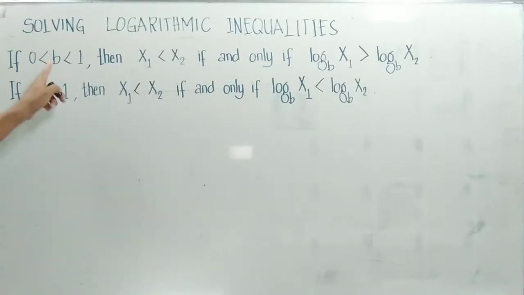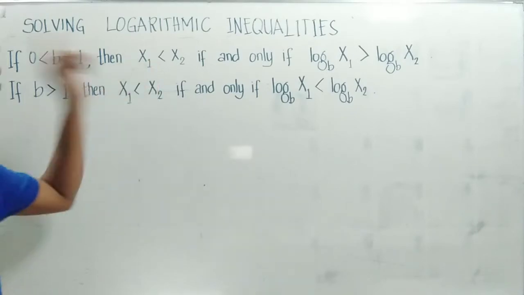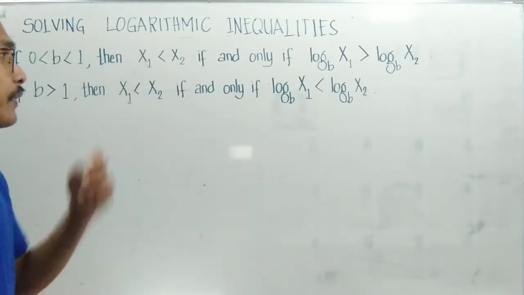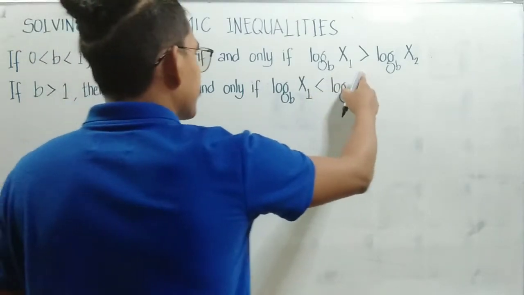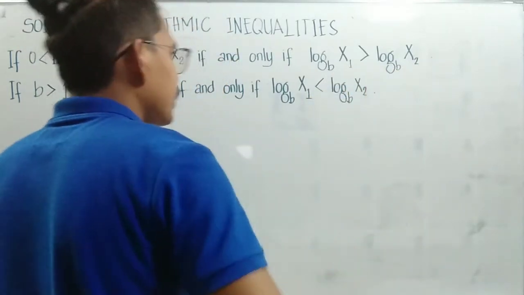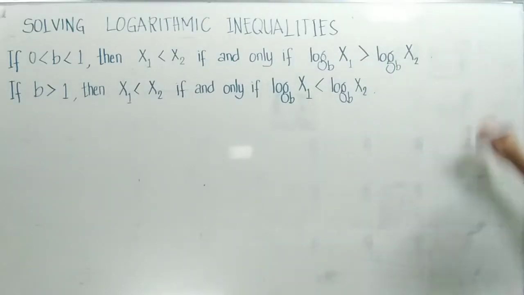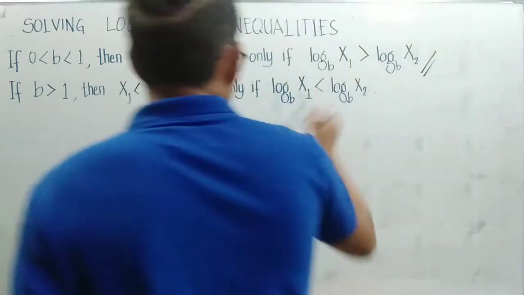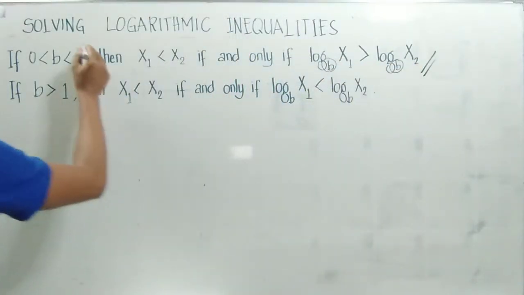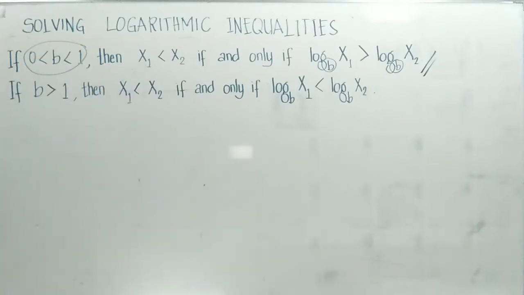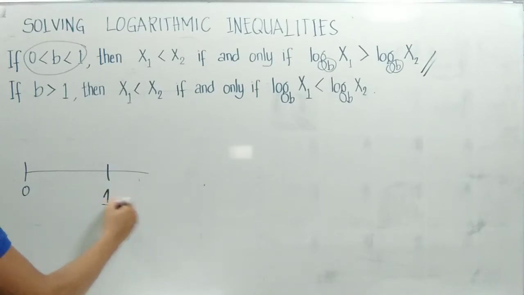So if b is greater than 0 but less than 1, then x sub 1 is less than x sub 2 if and only if log of x sub 1 base b is greater than log of x sub 2 base b. So in this property, your first property, notice the bases, and on this condition the bases are between 0 and 1.